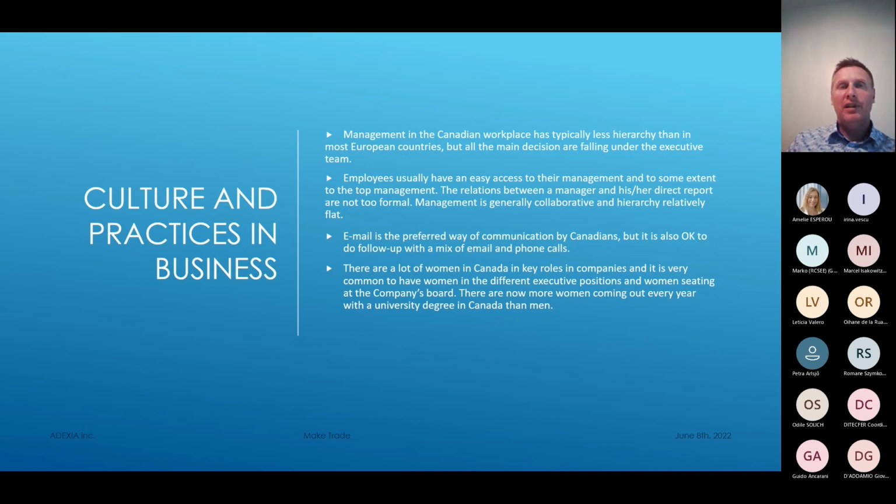So it just illustrates the relations that can exist in companies, and the fact that it's much flatter and there is much easier access for the employee to their boss. So that's really part of the culture.